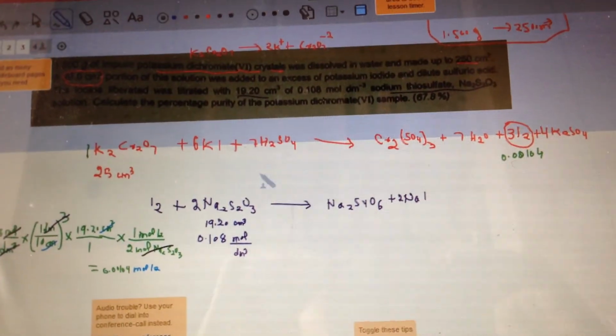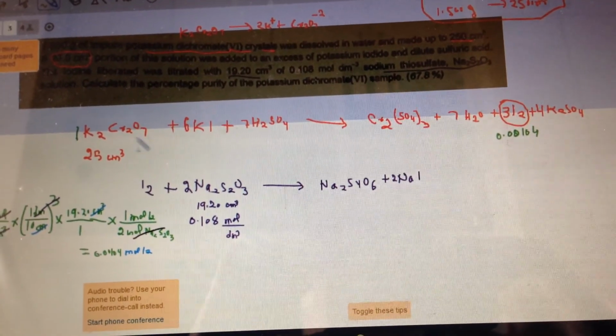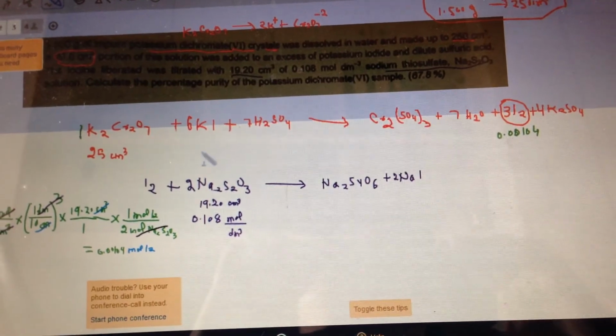Now from here we can calculate the moles of K2Cr2O7, considering we know the mole ratio of I2 and K2Cr2O7.